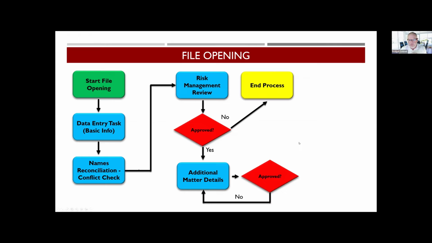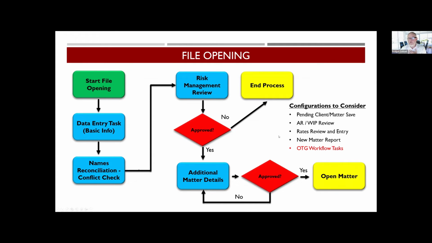So if there's something wrong in this matter, additional matter details, we have the ability to send it back for correction. And you can provide information as to why you are sending it back to the legal assistant, and then they can resubmit it. And then once it's approved, typically that's when the matter is opened.